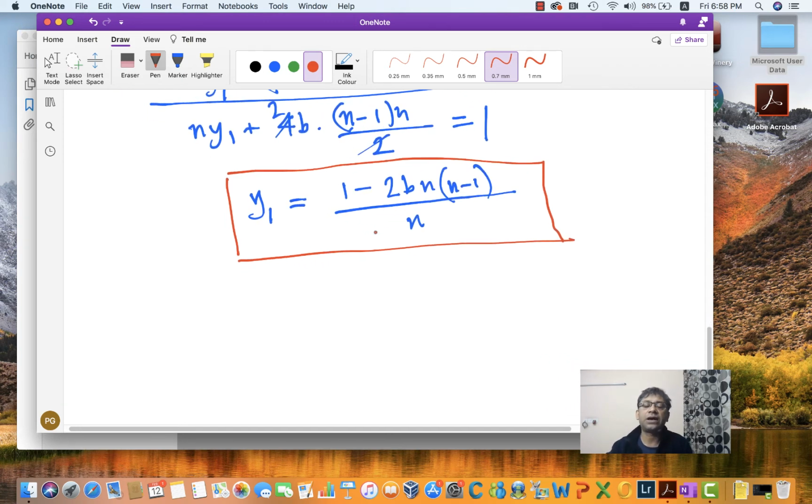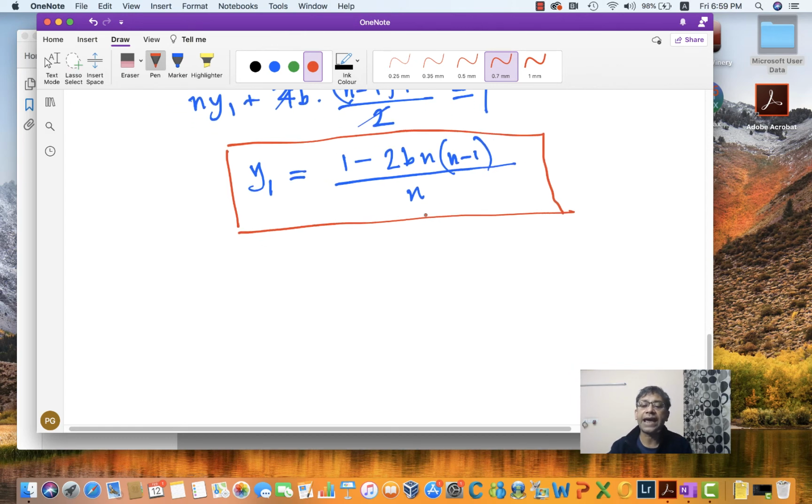So for an n equilibrium to exist, what we need is the numerator in this solution is non-negative. And remember that if the first interval is of positive length, then every subsequent interval according to our solution will also be of positive length because we are adding 4b to get the lengths of the other intervals that follow. So all we have to make sure is that the first interval is not of negative length.